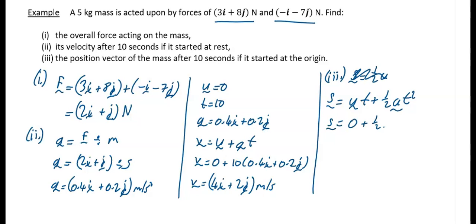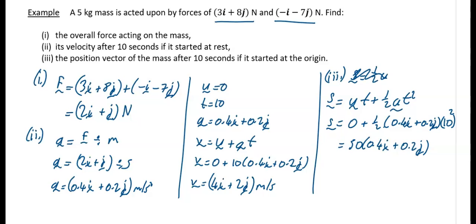And then I've got a half times my A, which we had worked out earlier on to be 0.4I plus 0.2J, and then times my T, and my T was 10 squared. So a half times 10 squared is just going to be 50 times the 0.4I plus the 0.2J.